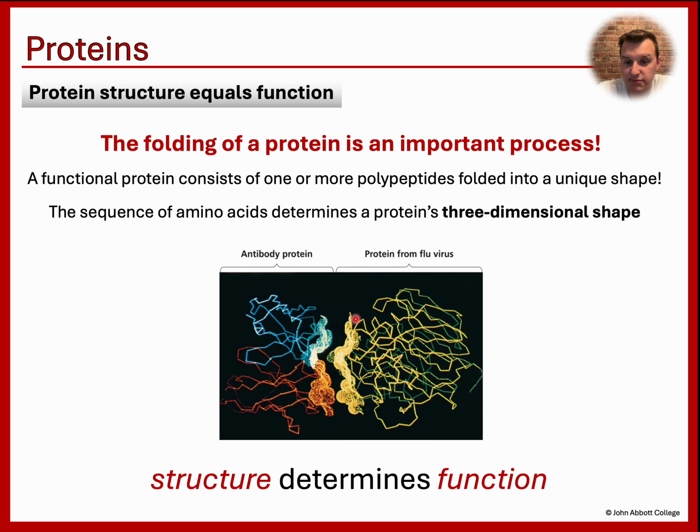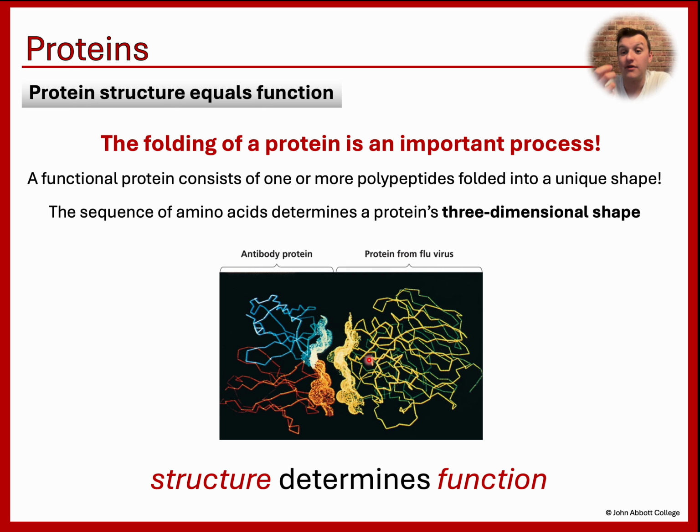The shape of this specific protein on the flu virus. This attacker antibody that we build in our body will fit so perfectly onto this piece of the flu virus because structure determines function. And I will not shut up about this. Structure determines function. What it looks like will tell you a lot about its job. This protein needs to bind here to be able to destroy this virus.